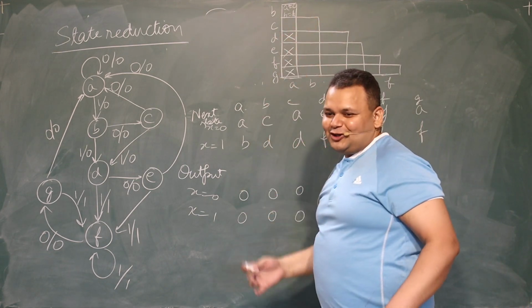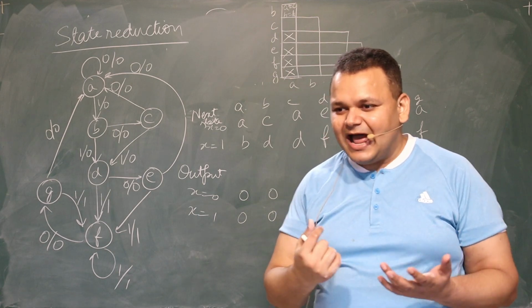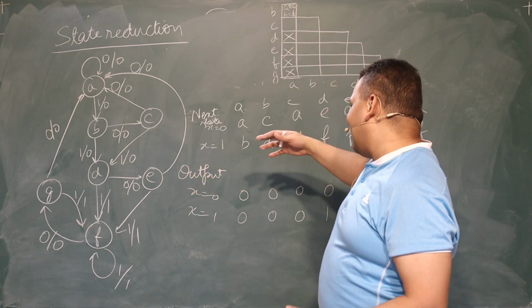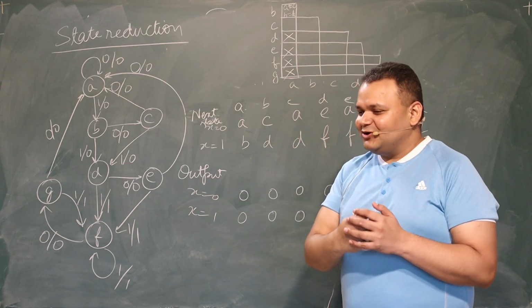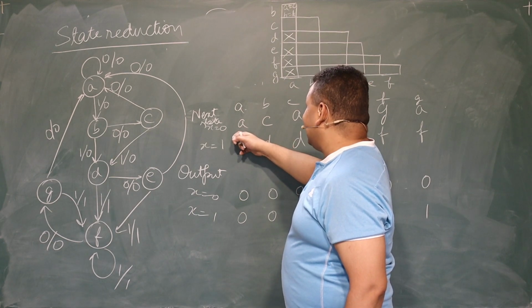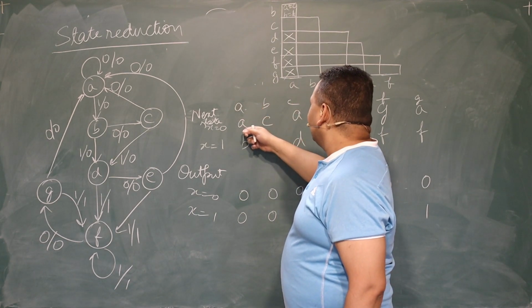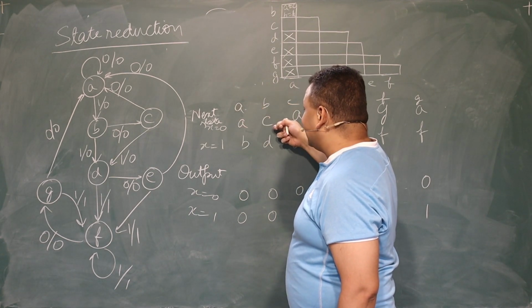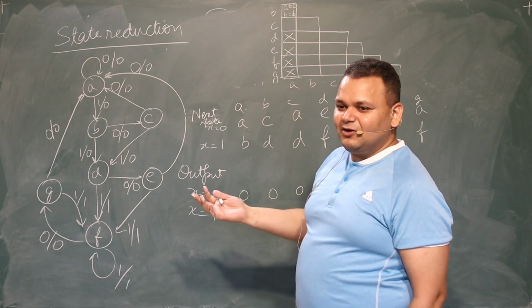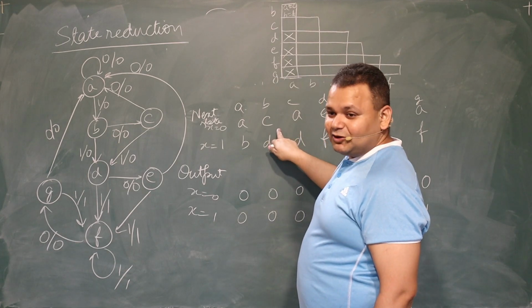Please understand that when I say equivalent, I mean that they should give the same output for the same sequence of inputs. So if A and B have to be equivalent, then the states they go to, such as C and D, also have to be equivalent to each other. Otherwise, this will not hold true.